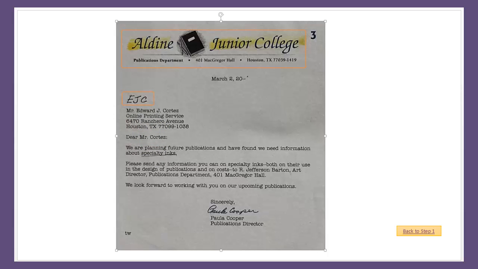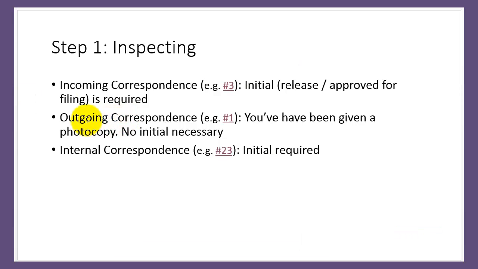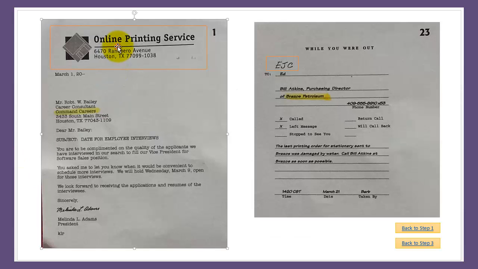And then the next example would be outgoing correspondence. Why? It's very straightforward because this one has our letterhead. And also this has a recipient's name and the job title, and then the company name, in this case, Command Careers.